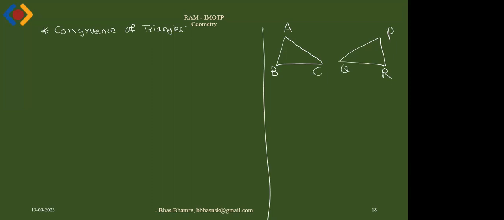Suppose I have some machinery and I flip triangle PQR onto ABC, or flip ABC onto PQR, and allow them to superimpose each other. There are a variety of ways we can superimpose, but exactly vertex to vertex, side to side, there is exactly one way in which we can superimpose them.